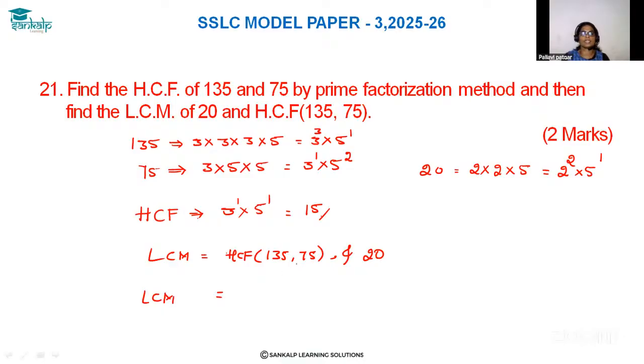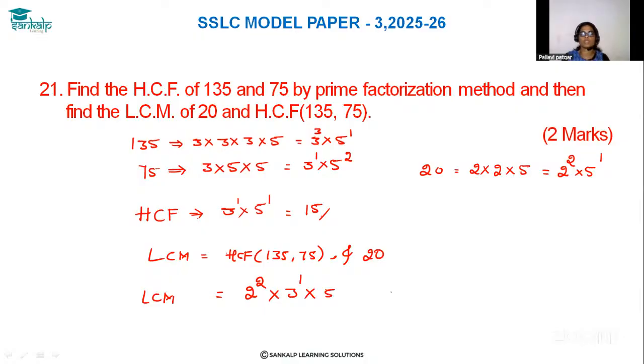LCM is the product of all prime factors, common and uncommon, raised to their highest powers. So the prime factors involved are 2, 5 and 3. The highest power of 2 is 2 raised to 2, the highest power of 3 is 3 raised to 1, and the highest power of 5 is 5 raised to 1.